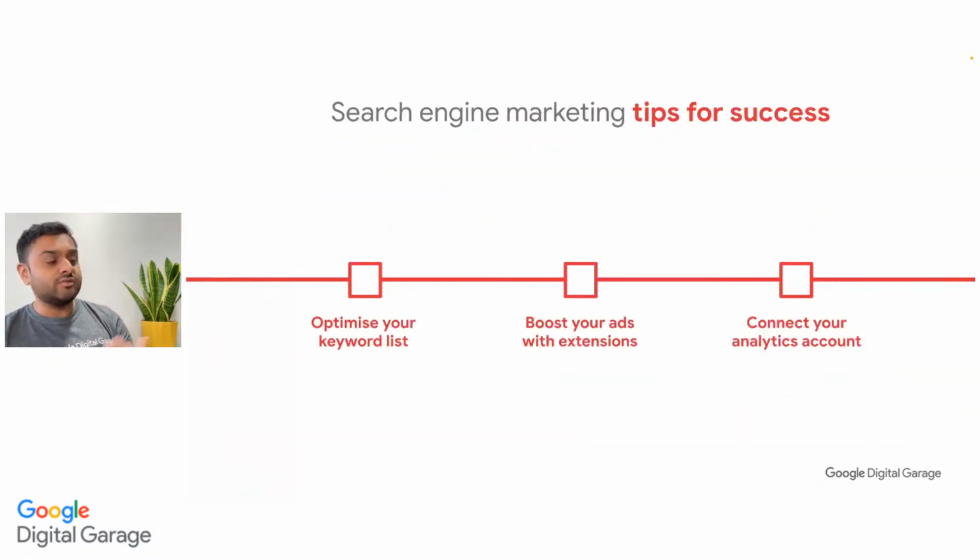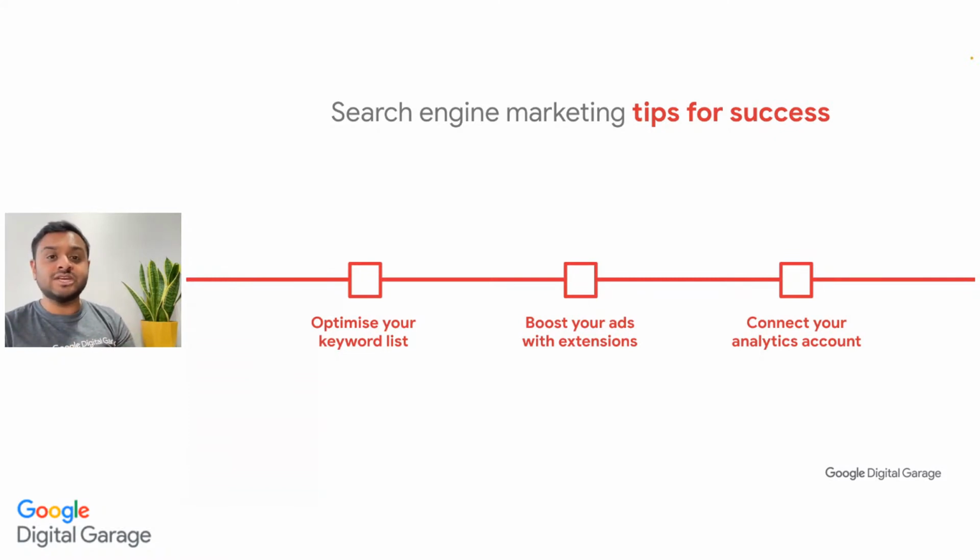So as well as optimizing our keywords, we can also boost our ads with things like extensions. They're little things which you can typically add on at no charge. So if you hit the telephone icon on a Google ad, that will give you a pop-up on your smartphone to say, would you like to call this telephone number? That is an ad extension, something that you can tag on at no charge.